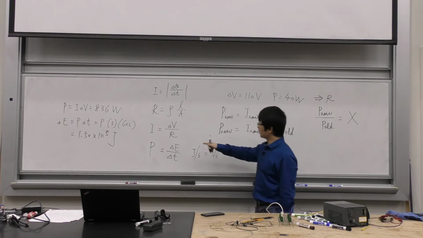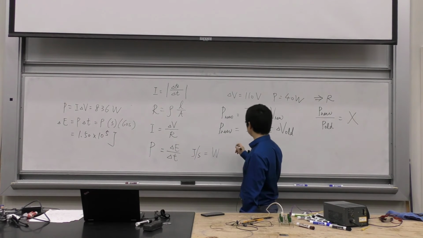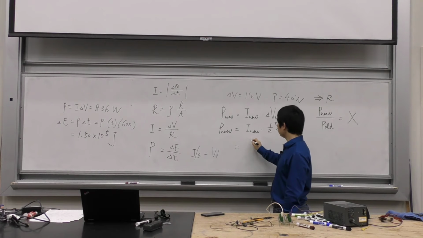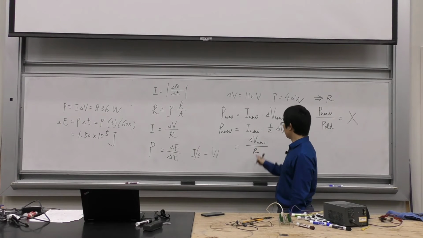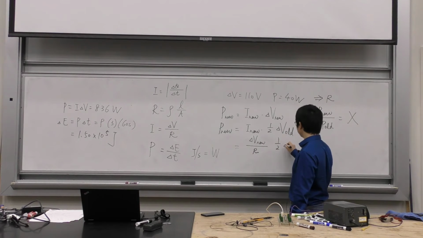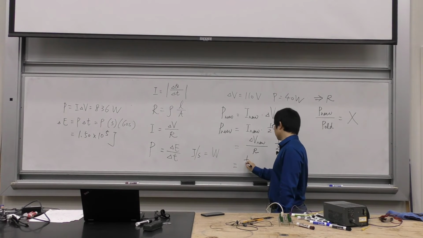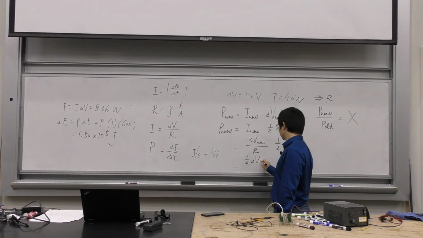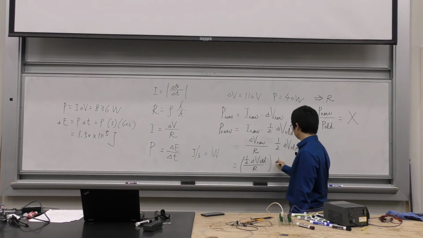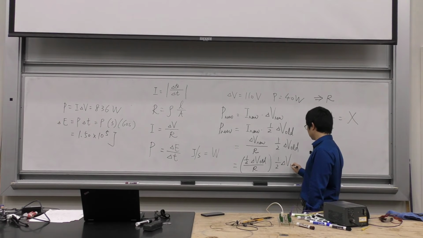The new current is going to be the new voltage divided by R. So the new current is the new voltage divided by the resistance, and this new voltage is still going to be 1/2 the old voltage, right?